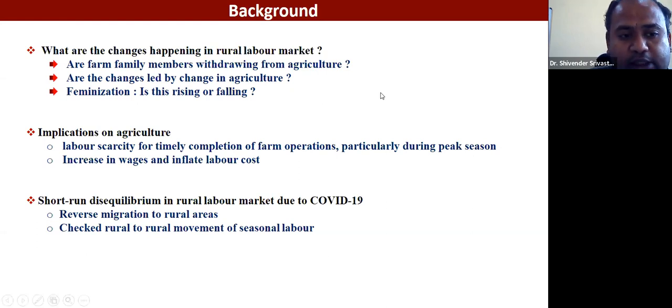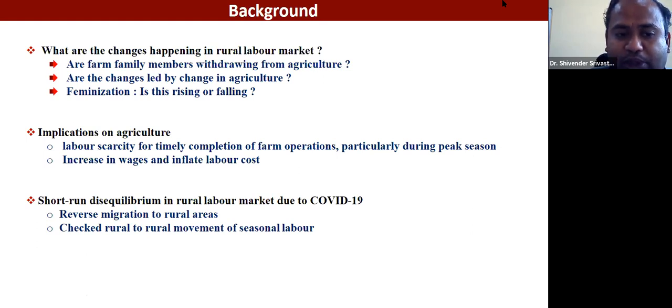As I said, once labor is shifting from agriculture, it has some implications. It creates a physical scarcity of labor for agriculture, and that affects farm operations, particularly during the peak season. Then it also sometimes creates economic scarcity. That means labor is available for work, but they are demanding more wages, so wage rates are increasing.